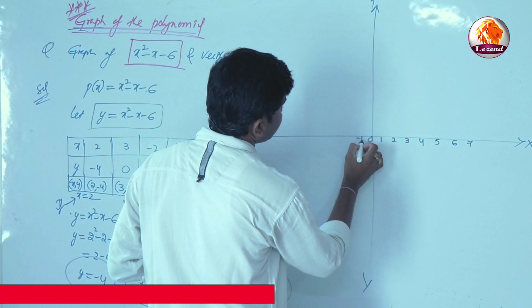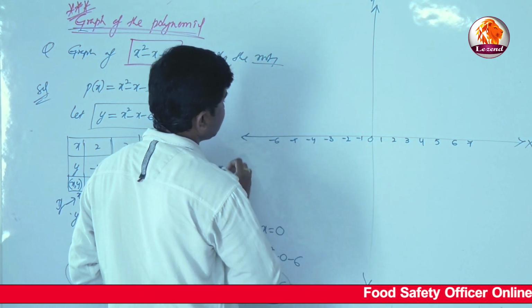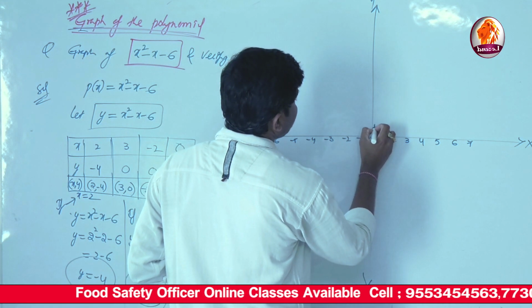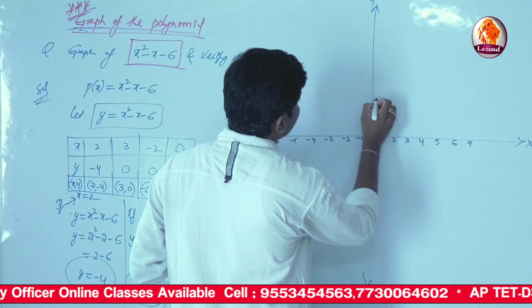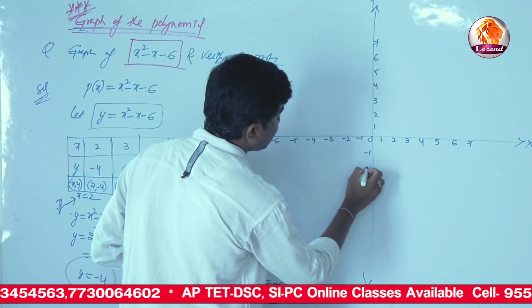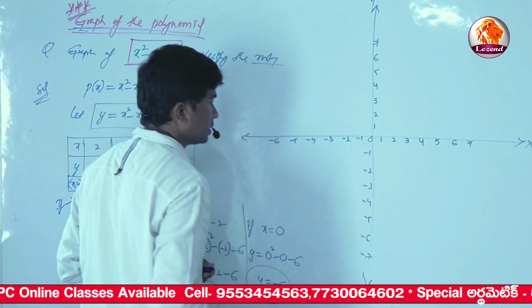Now take the negative integers minus 1, minus 2, minus 3, minus 4, minus 5, minus 6. And the positive integers on the y-axis 1, 2, 3, 4, 5, 6, 7, enough. Minus 1, minus 2, minus 3, minus 4, minus 5, minus 6, enough.